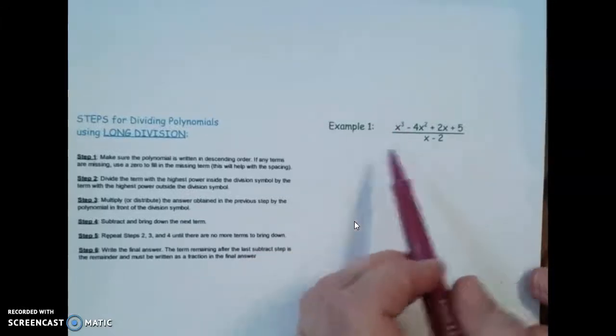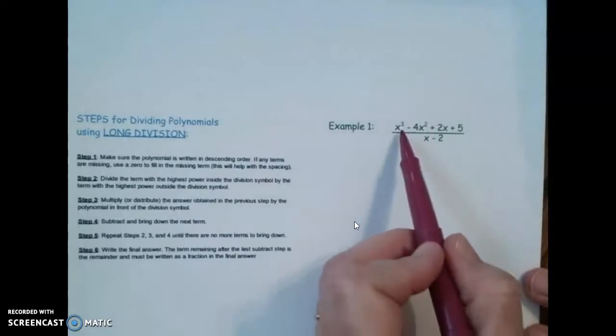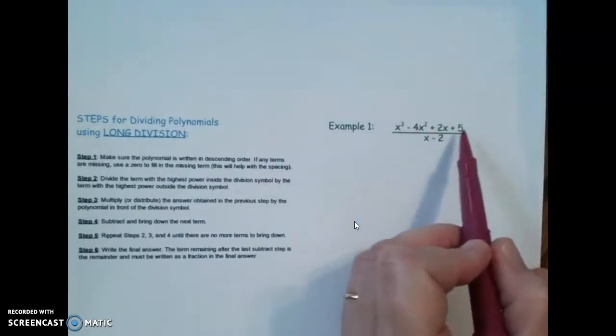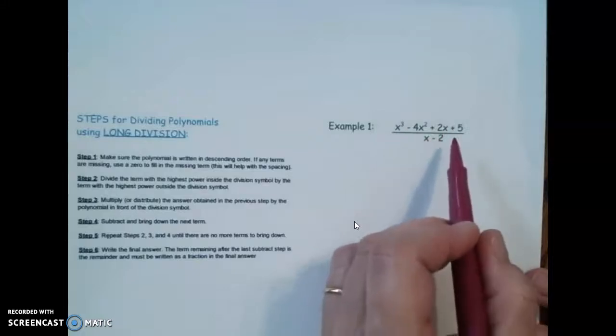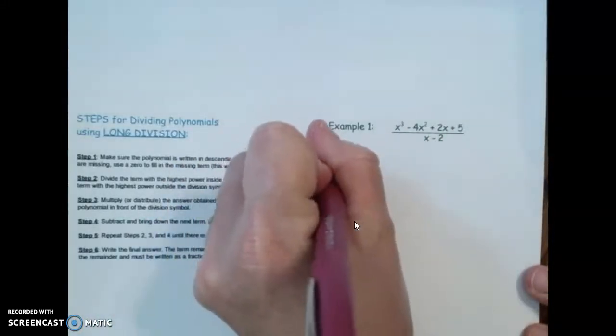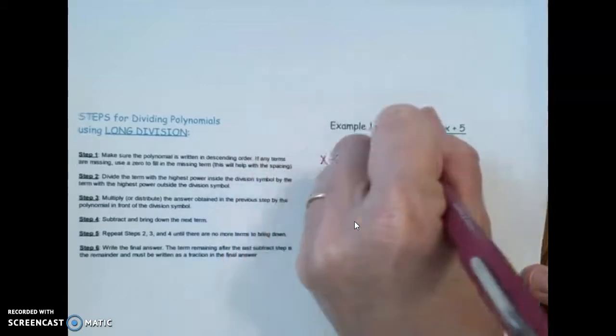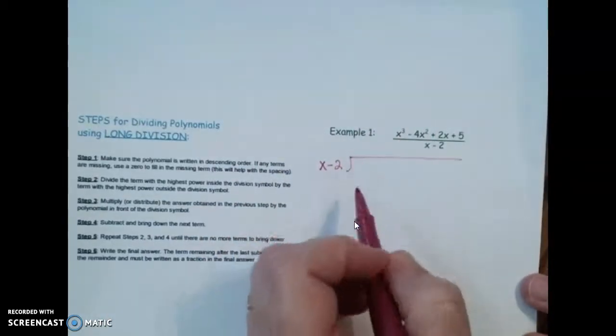Okay, so we're going to do step 1, make sure our polynomial is written in descending order. So we have x to the third, x squared, x, and then our constant. So that's good to go. Your divisor is going to be x minus 2. So the divisor is going to come on the outside of the house box, whatever you want to call it.